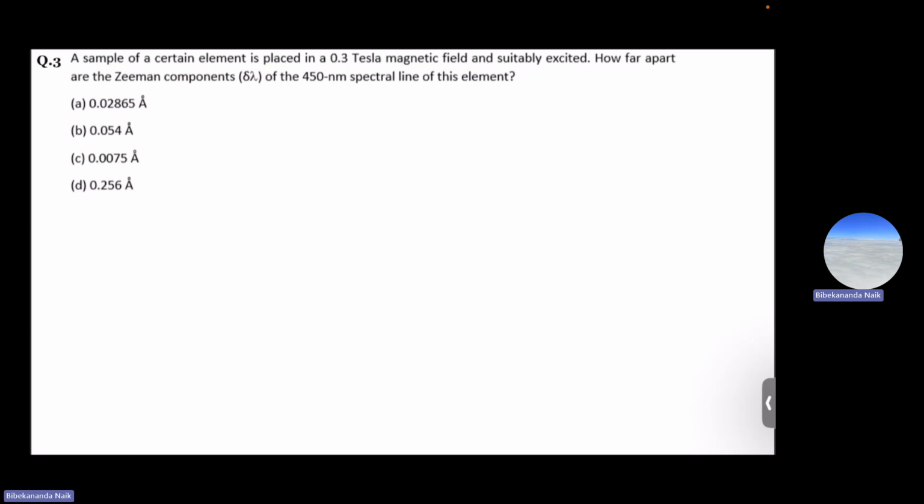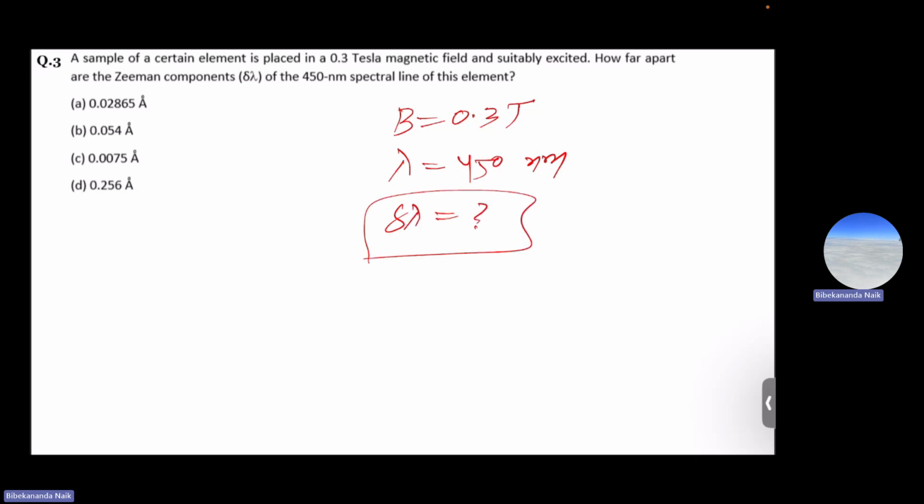So the sample is placed in a magnetic field of 0.3 Tesla, and the line to be split is 450 nanometer. In presence of the 0.3 Tesla magnetic field, what will be the split lines? That is, what will be the Zeeman shift, the component delta lambda, that we need to find out. So I'll give you a few minutes and then we will discuss.